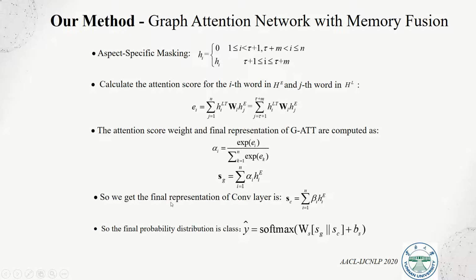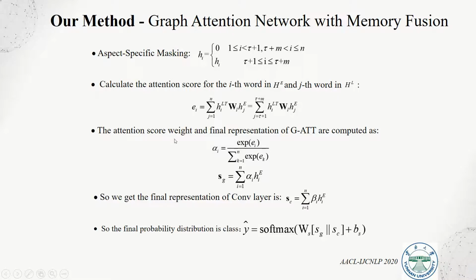In order to learn aspect-specific content for memory fusion and the final classification, we use aspect-specific masking, like this. We calculate the attention scores for the i-th word in HA and the j-th word in HL.